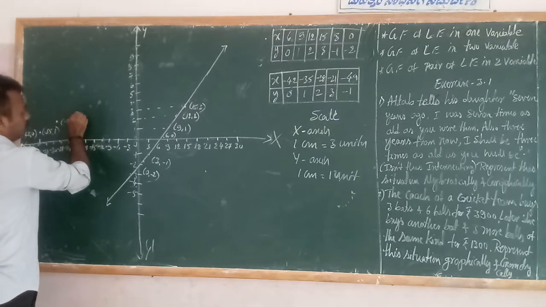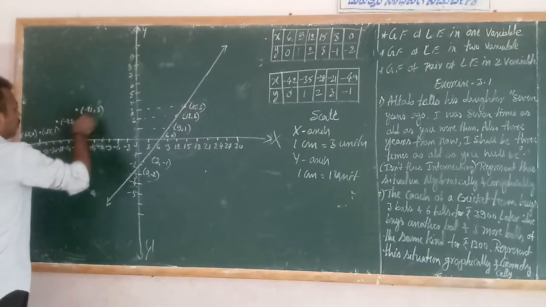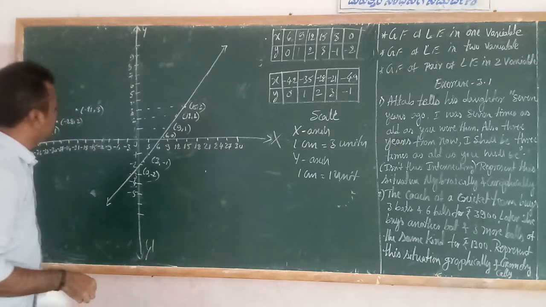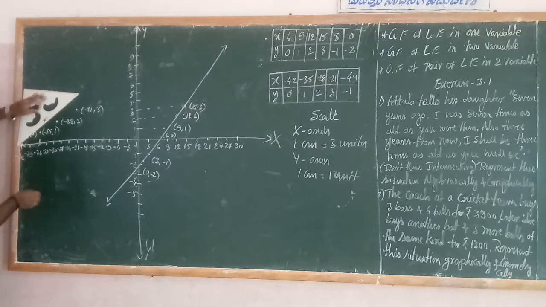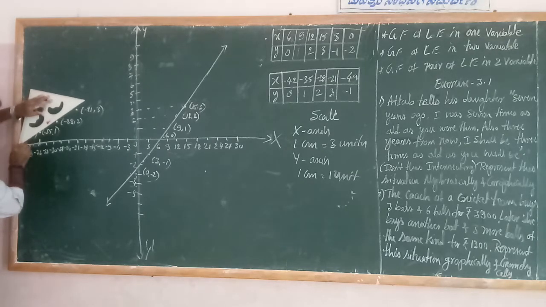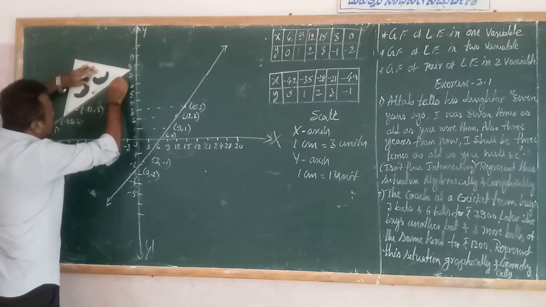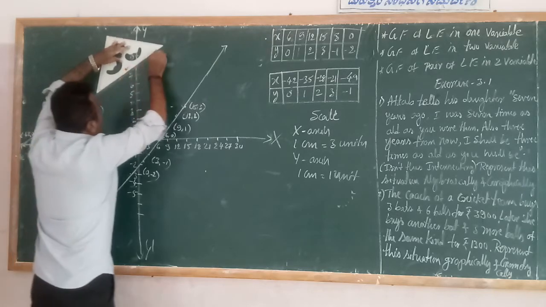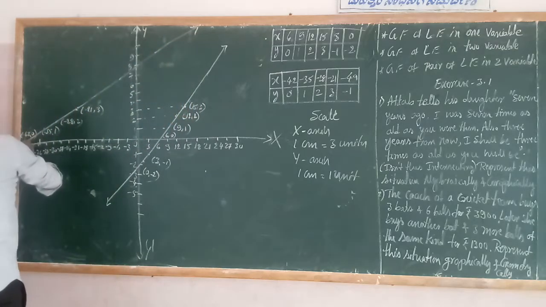So upside again, this is minus 21 comma 3. And minus 49 is there, no problem, it is enough. So this is another straight line that it will become.